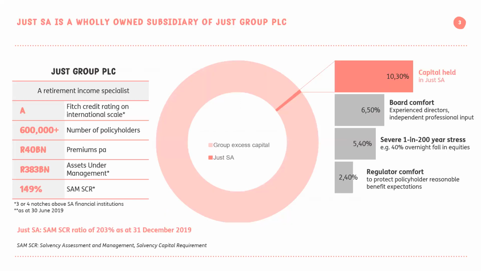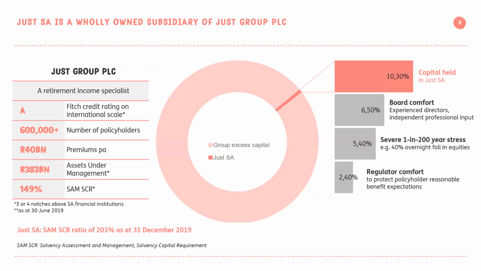And just to give you some comfort in terms of the size, the Just PLC group has over 600,000 policyholders with over 40 billion rand in asset size. As at the end of 2019, from a solvency perspective, we had just over 200% of the required solvency capital under management in terms of the regulatory requirements.